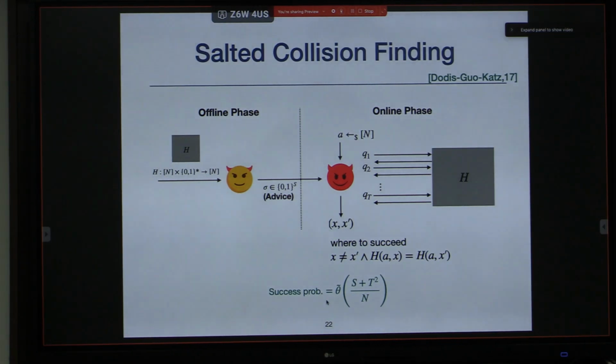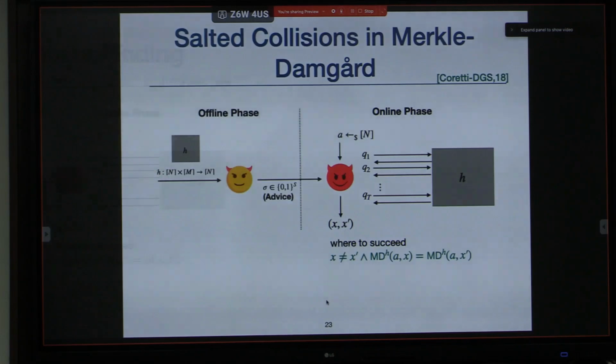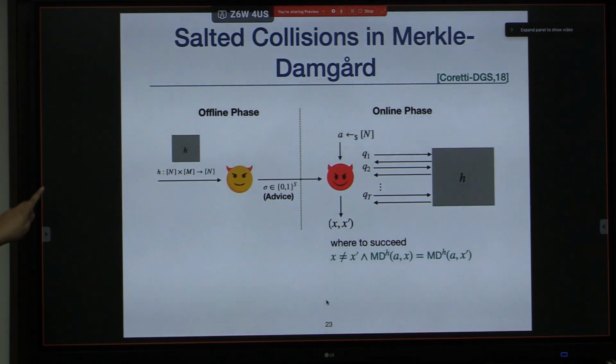So they showed the bound is actually S plus T squared over N. That is the optimal security that a hash function should give, right? And now Coretti et al. next studied the Merkle-Damgård construction.